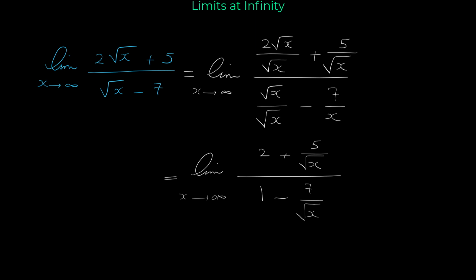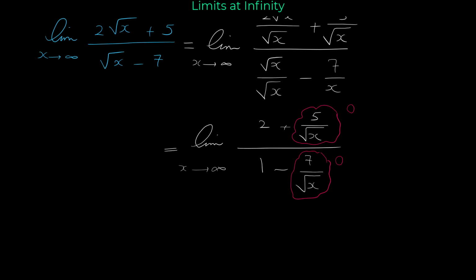Now attention to the two fractions, 5 over radical x and 7 over radical x. When x approaches infinity, the limit of these fractions is 0. The limit of 5 over radical x when x approaches infinity is 0, and the limit of 7 over radical x when x approaches infinity is also 0.